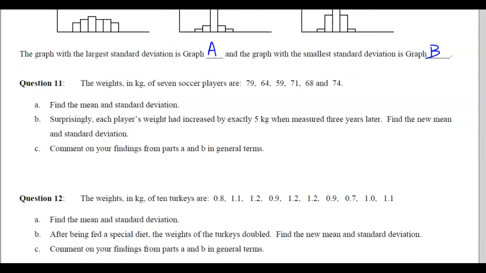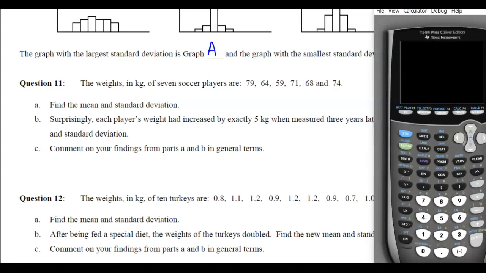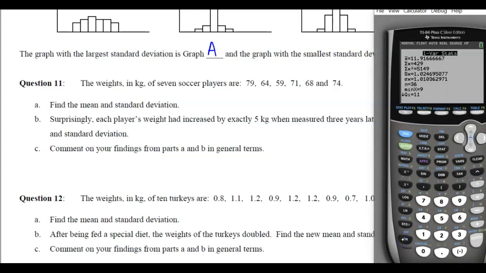All right. So weights in kilograms of 7 soccer players are given. Find the mean and standard deviation. Do that in your calculator, because the mean is easy to do without a list, but standard deviation you're not going to do by hand.